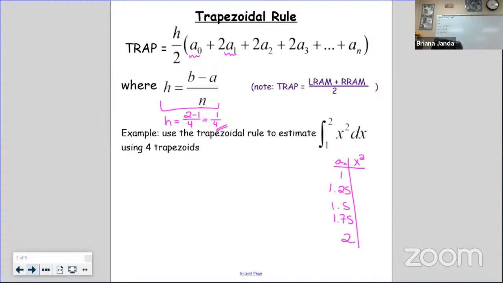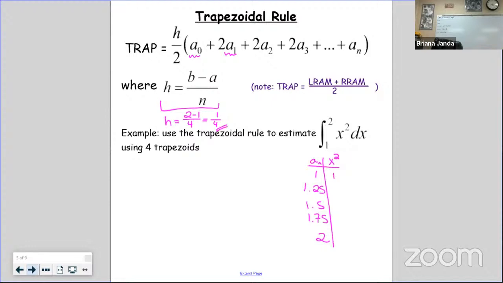Okay, grab your calculators real quick. Our function is x squared, so we're going to square each of those. I don't know what 1.25 and 1.75 squared are off the top of my head.